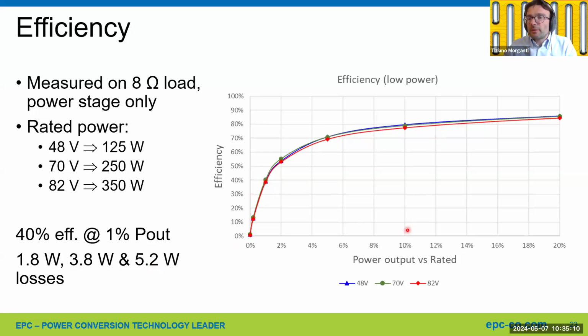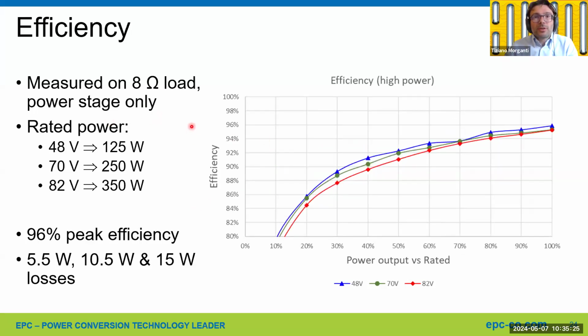To be noted that the efficiency is not much dependent on the supply voltage. And then let's have a look at the efficiency at full load or high power. So we could reach about 96% efficiency at rated power.